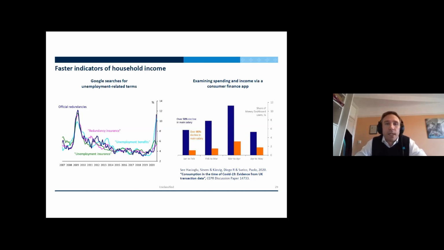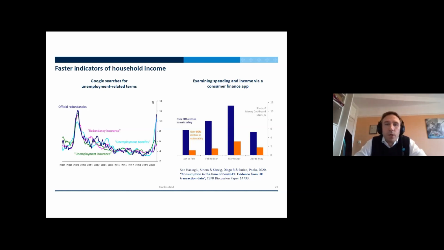So that can provide an insight as well. On the right-hand side is some material from a CEPR working paper, referenced here at the bottom, using a consumer finance app. What that app does is measure spending, but it also measures incomes, which is a very useful different angle as well.